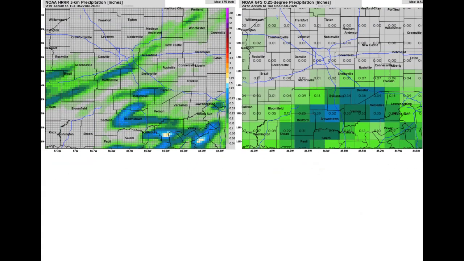Its resolution is drastically lower. There are big differences in its spatial resolution at 13 kilometers versus the 3-kilometer HRRR.